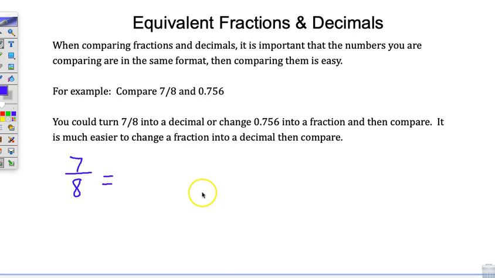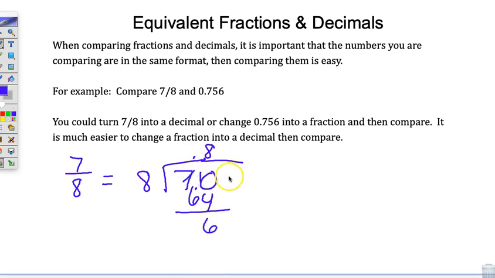So in order to do that, I am going to divide 7 by 8. I take the numerator and divide it by the denominator. Since 8 will not go into 7, I need to add a decimal and a 0. 8 will go into 70 exactly 8 times, and it's going to have a remainder of 6. So I'm going to add a 0 and bring it down.